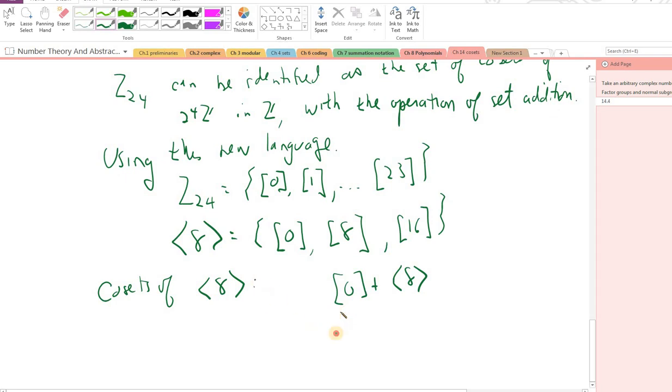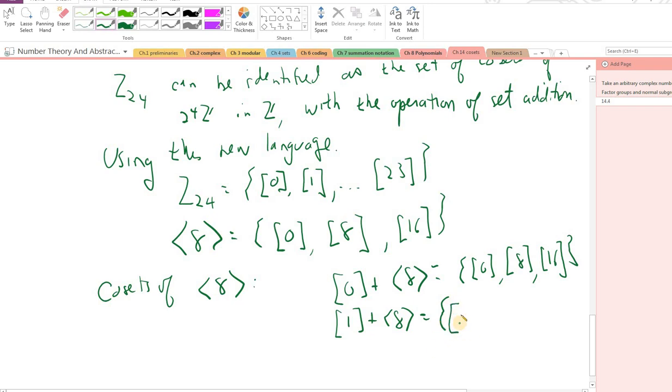Okay, so what is that set? So this is equal to 0, 8, 16. What about this one? What is this set? 1, 9, 17. It is, yes. And if you work it out with set addition, in fact, that's true.